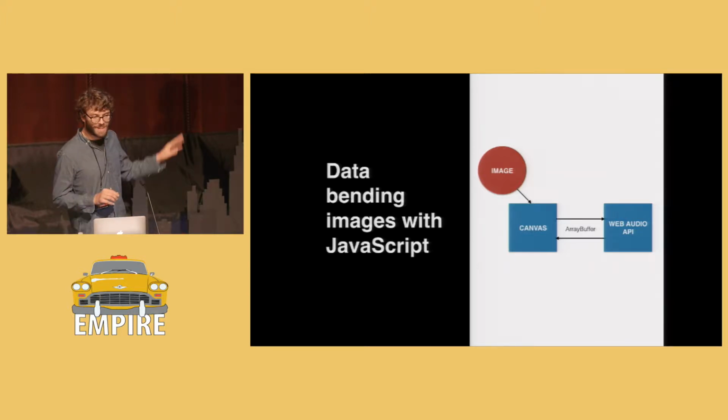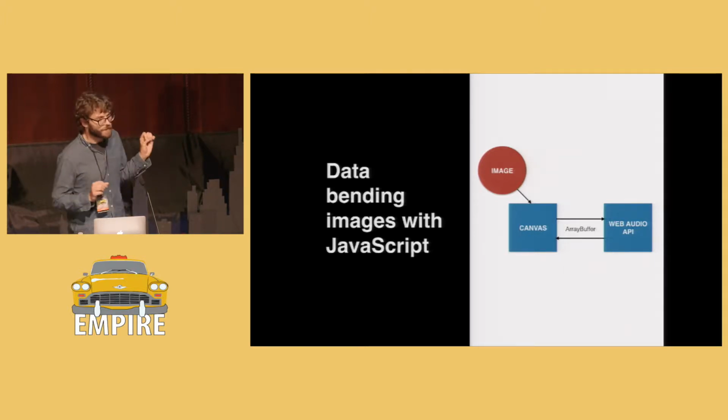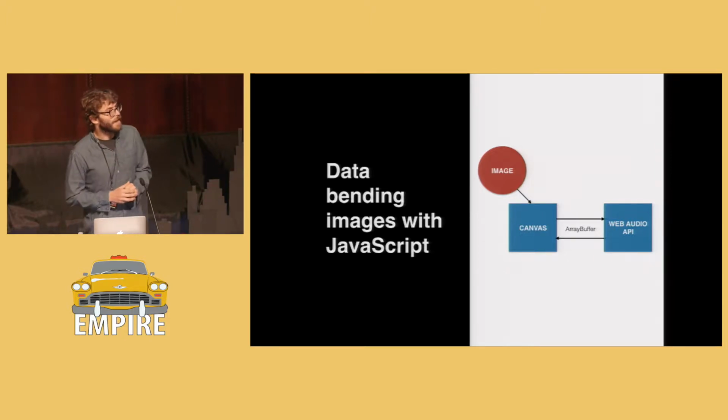This is my very crude diagram to try and explain this idea, but effectively, we can take advantage of the HTML5 canvas, the Web Audio API, and typed arrays to allow communication between these two APIs at the level of a buffer.